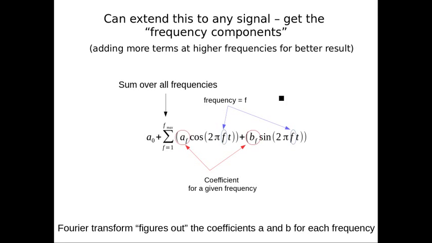So this expression can be used to represent many functions if you have enough frequency components, and adding more terms at higher frequencies gives a better result. So a Fourier transform is going to figure out these coefficients a and b for each frequency so that we know what the frequency components of a signal are.